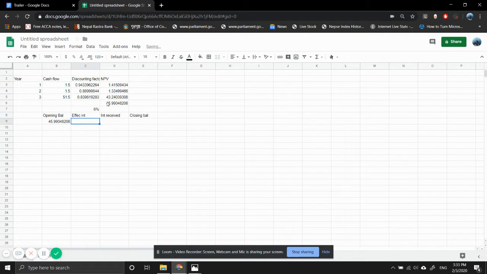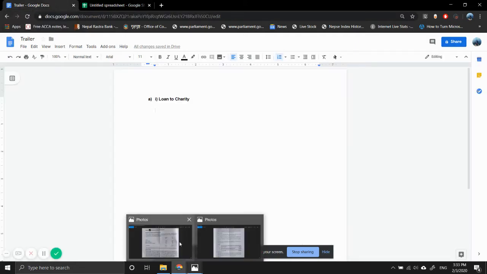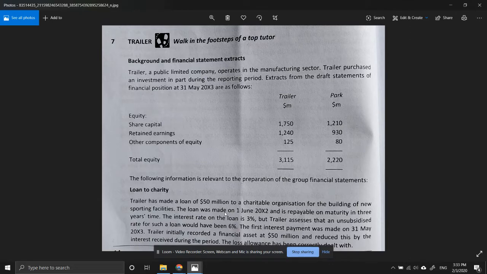So this figure into this figure, and then interest received would be 1.5, right? And then this plus this minus our interest received. So our closing balance will be this much. This much should appear in our SOFP, right? Isn't that what we are doing?